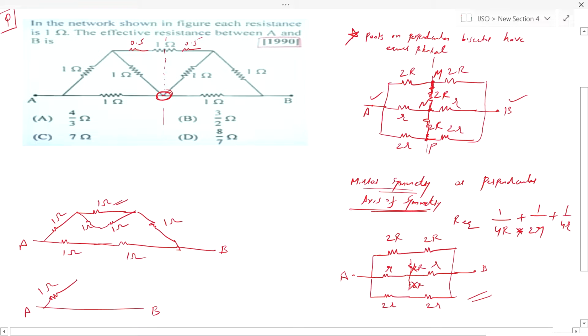Now this is also 1 ohm. 2 ohms are in series parallel. So here it will be 2 ohms, 1 ohm, and at the bottom it will be 2 ohms. 1 and 2 will be in parallel.